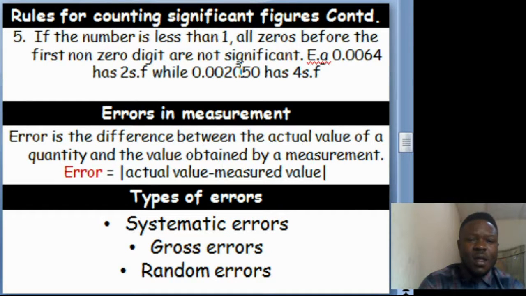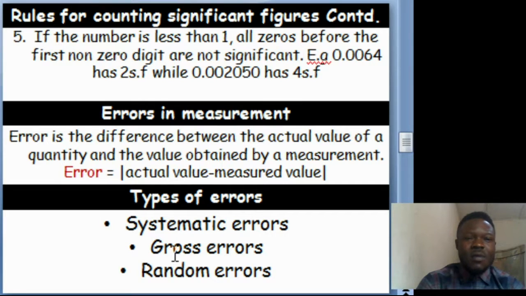Now, what do we mean by error? Error is bound to occur when you perform experiments, which means there's going to be a slight deviation between the true value and the measured value. So the difference between the true value, which is the actual value, and the measured value is called the error.